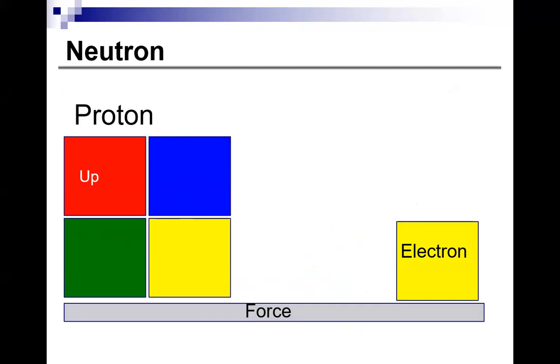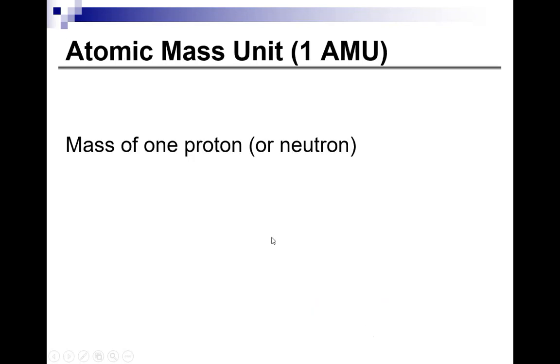So a lot of times when we look up atomic weights and atomic numbers, they don't factor in the electrons at all, because their weight is so small that it doesn't really add to it. You can see here they're much smaller than that proton. So 1 AMU is the mass of your proton or the mass of your neutron. Protons and neutrons are the same, 1 atomic mass unit.